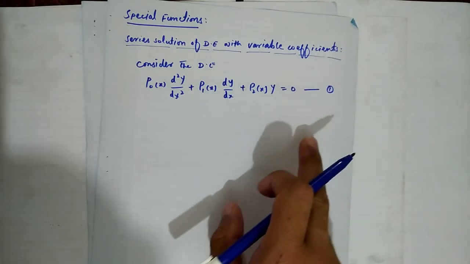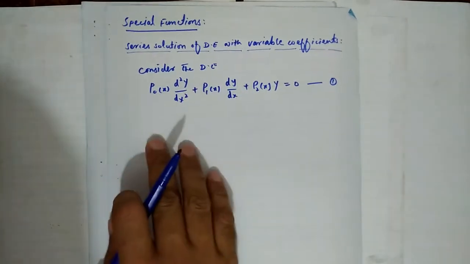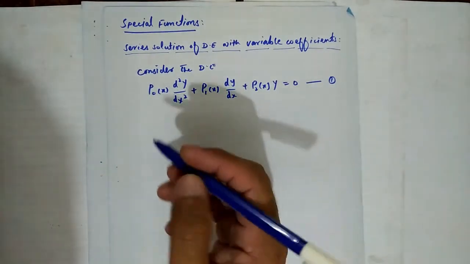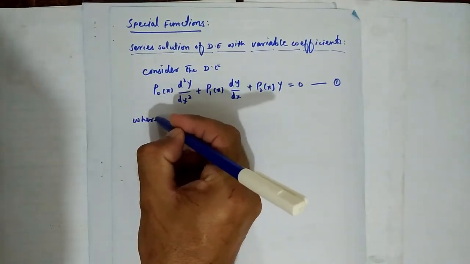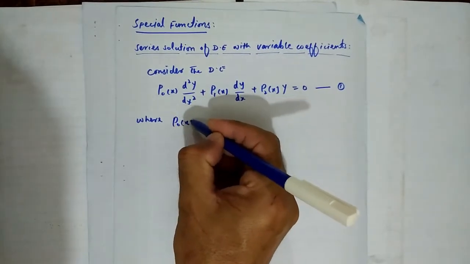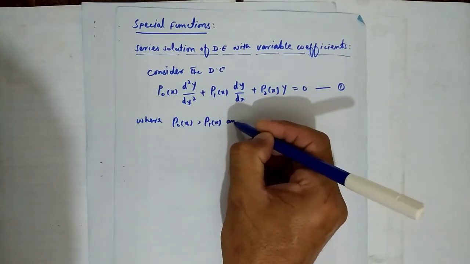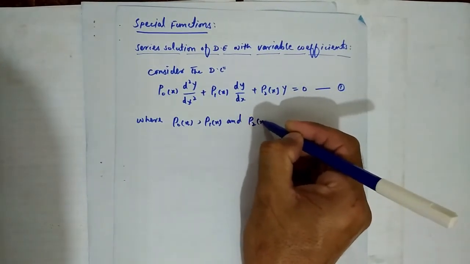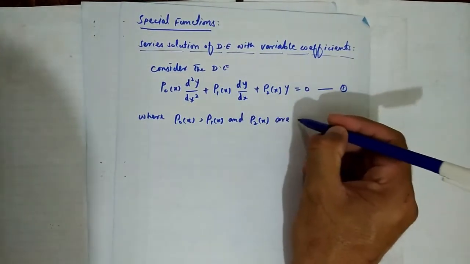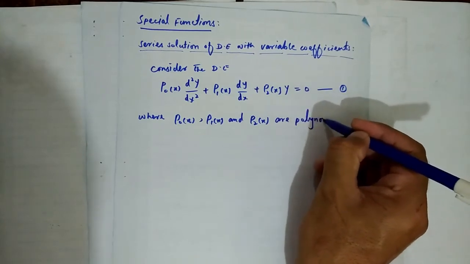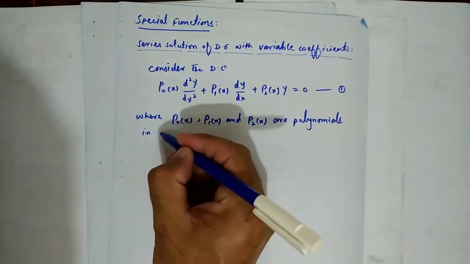Here this is a second order differential equation, and here P0 of x, P1 of x and P2 of x are called polynomials, polynomials in x.